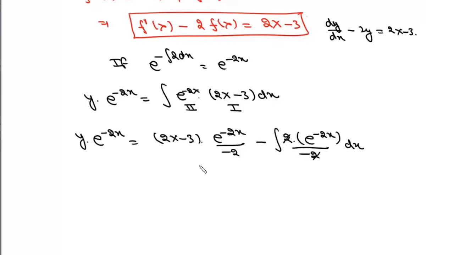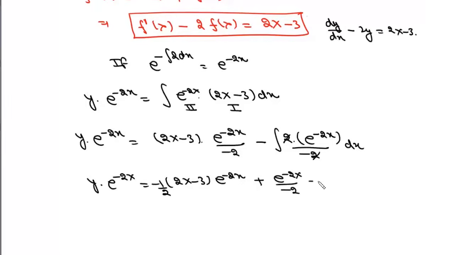Now here 2 and 2 will cancel, so we'll write y into e to the power minus 2x, and this is 2x minus 3 into e to the power minus 2x upon minus 2, and plus the integral of this function, so it will be e to the power minus 2x upon minus 2 plus c, which is y into e to the power minus 2x equals 1 minus x into e to the power minus 2x plus c.